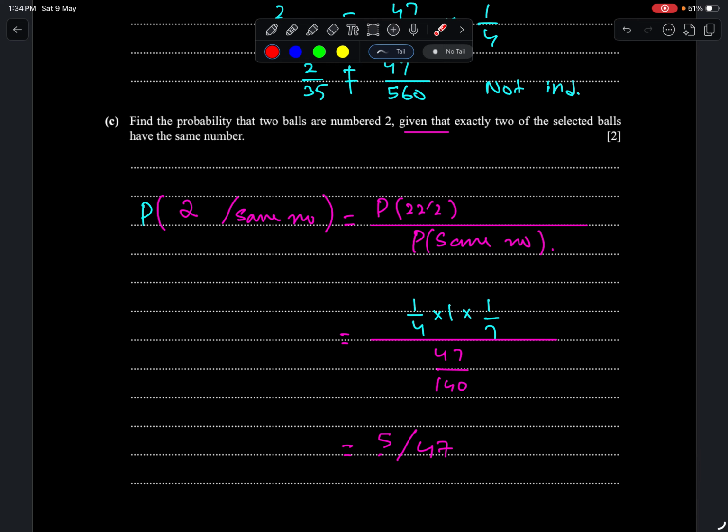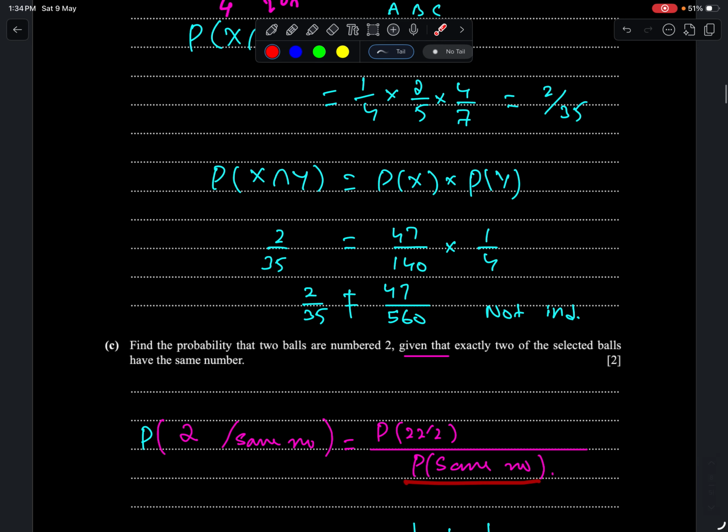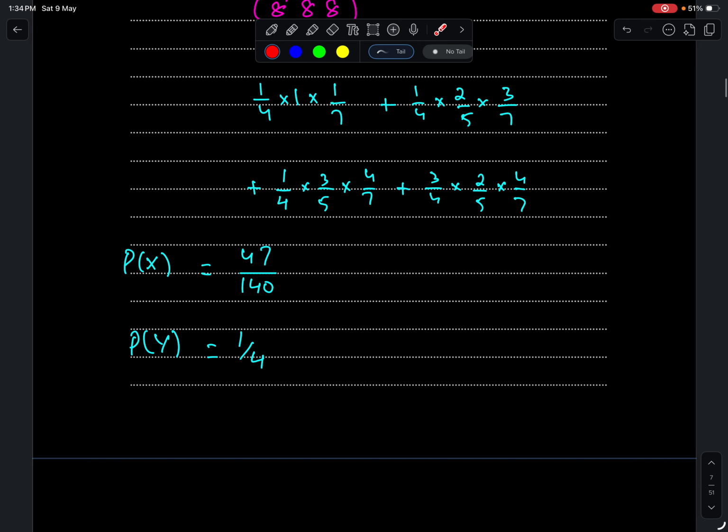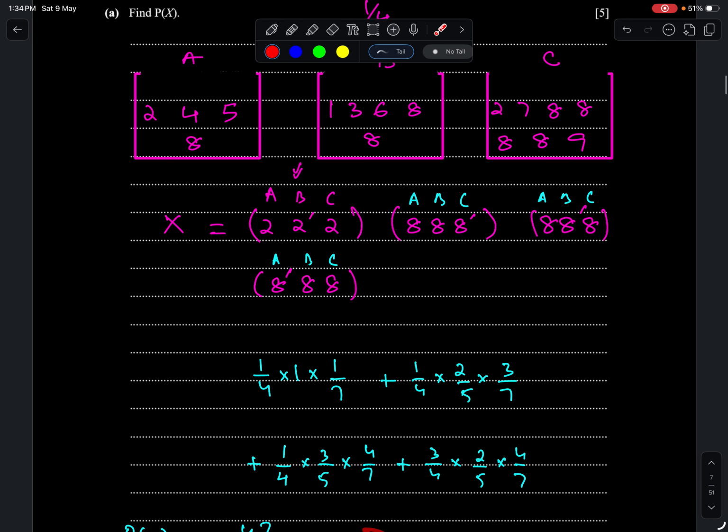Find the probability that the 2 balls are number 2, given that exactly 2 of the selected balls have the same number. So 2 balls are number 2. See, 2, 2, this is 2 complement and same number. Same numbers means this. Two balls have the same number and two balls are number 2.